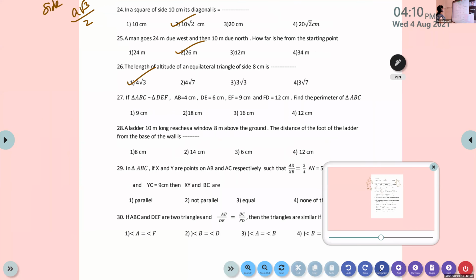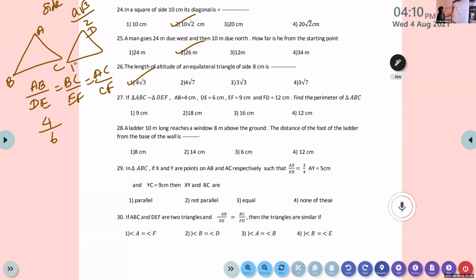I will draw the figure also. ABC and DEF. AB is 4, DE is 6, EF is 9, FD is 12. So what is the ratio here?